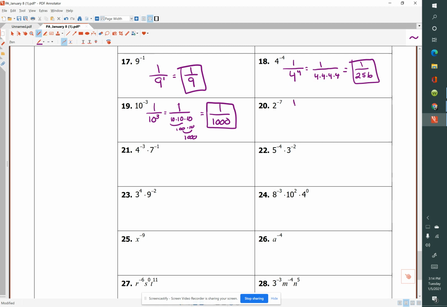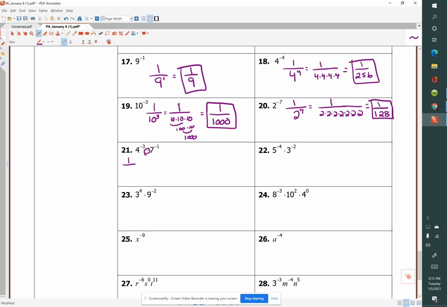So this should be 1 as the numerator, 2 to the 7th as the denominator. So that would be 1 over 2 times 2 times 2 times 2 times 2 times 2 times 2. 7 2's, which would equal 1 over 128. Okay, number 21, we're multiplying now. We have an operation.